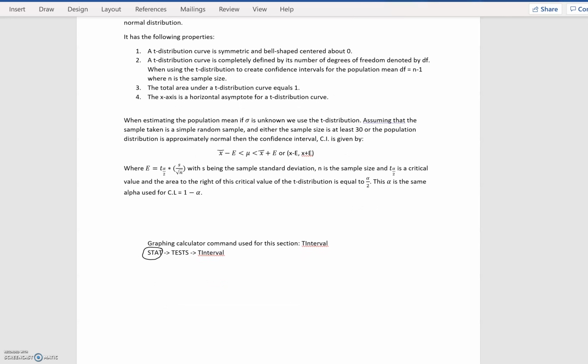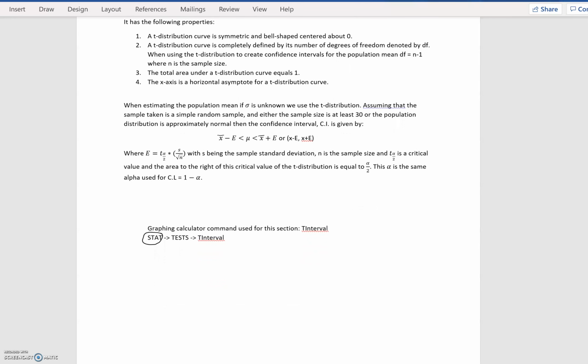Your confidence interval limits for the population mean when sigma is unknown are given by the following. Your lower bound for the confidence interval is given by x bar minus the margin of error. Your upper bound is given by x bar plus the margin of error. The margin of error calculation here, since we are using the t-distribution, is based off of a critical value of the t-distribution.